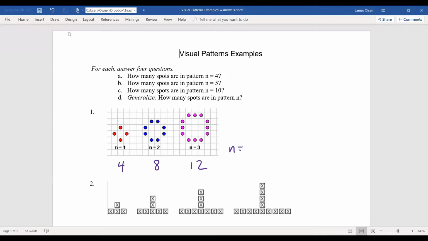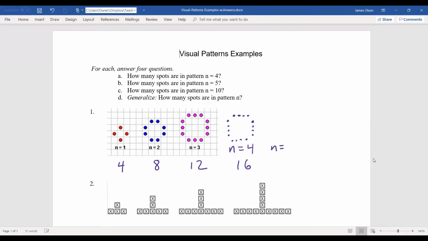For n equals 4, if we think about what this is going to look like, we're going to have 4 dots on each side, and there are 4 sides. So that means our number is 16.